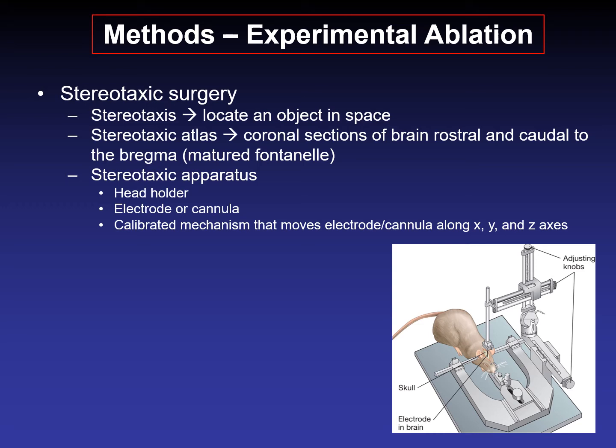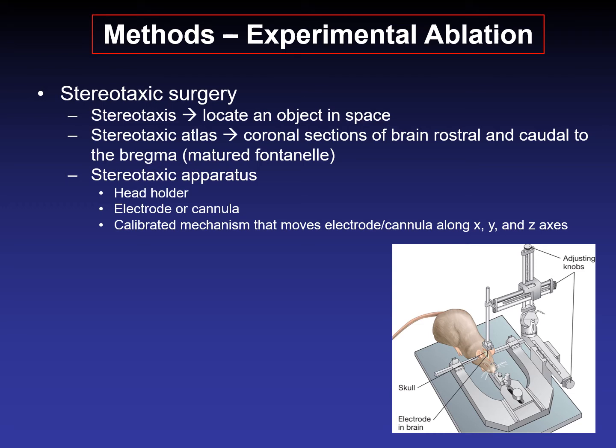This atlas is a bunch of coronal sections of the brain from rostral to caudal to the bregma. And the bregma is the matured fontanelle. So basically, if you're looking for the hippocampus, you find in your stereotaxic atlas an image of the hippocampus, and that will give you the coordinates of where the hippocampus should be found in the brain of, in this case, the rat.